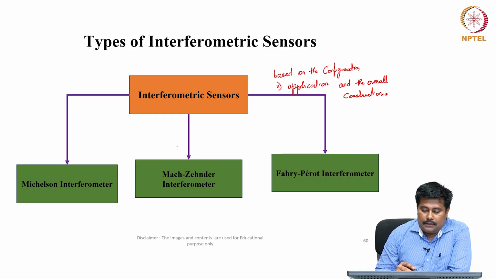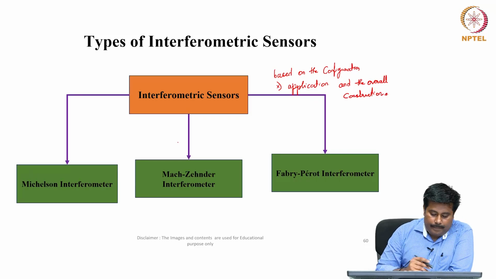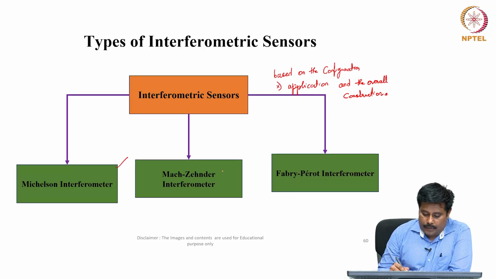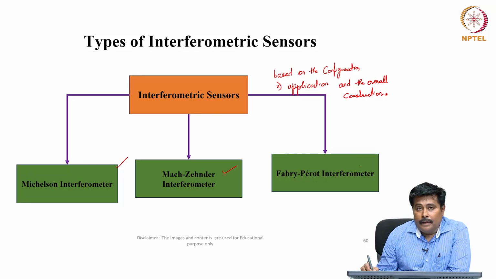Based on the configuration, they are classified as Michelson's interferometer, Mach-Zehnder interferometer and Fabry-Perot interferometer.